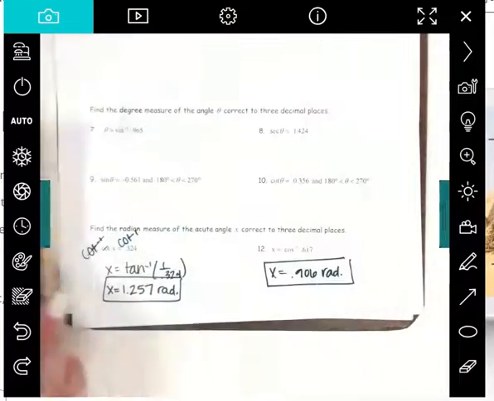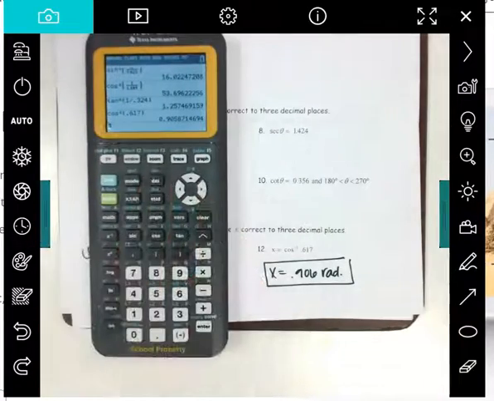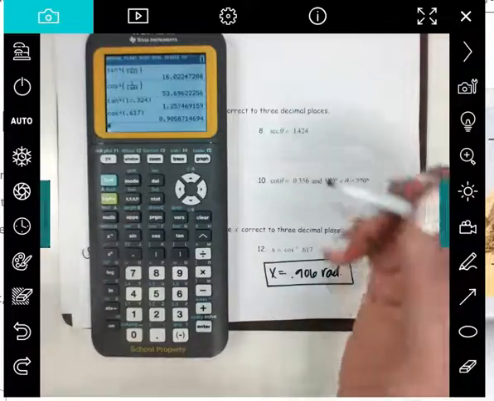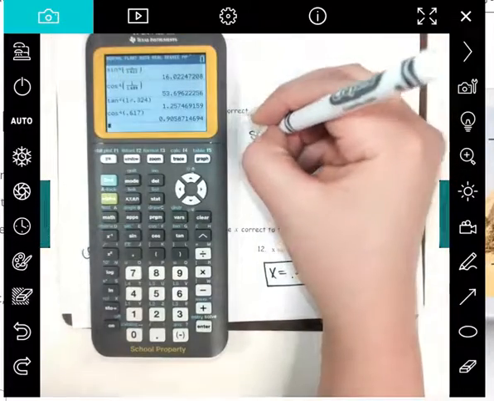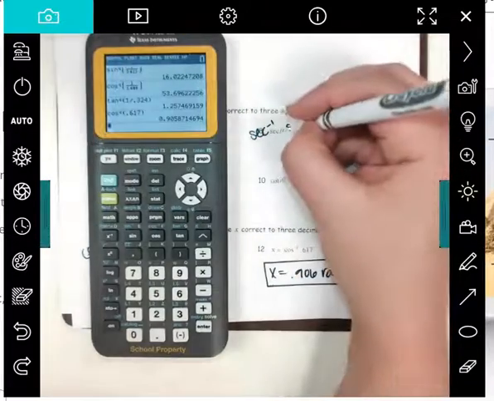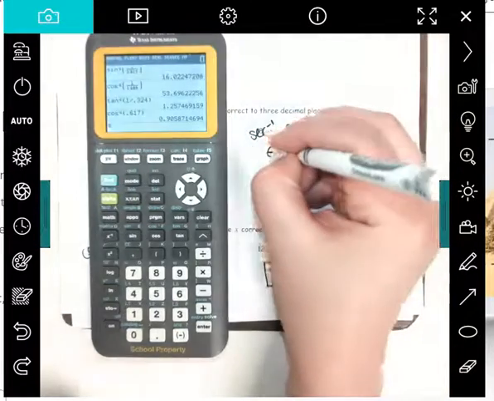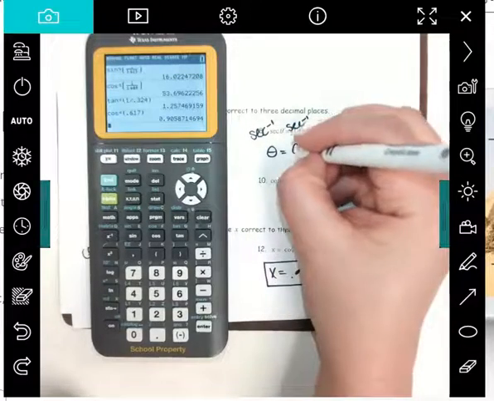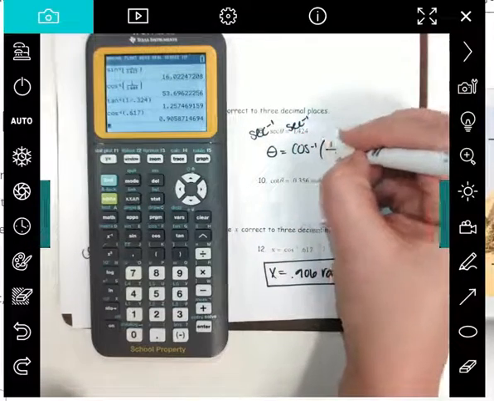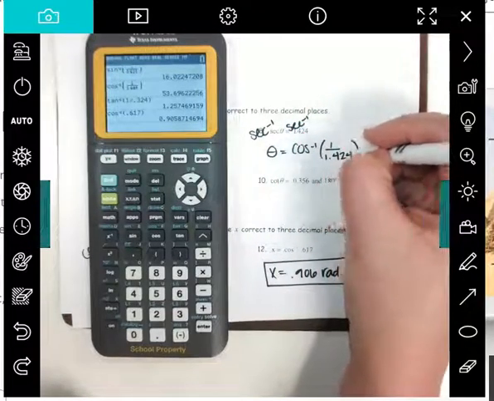Number 7, I would just type that in, so let's do 8 instead. How do I cancel out a secant? Inverse secant first, and then when I type it in, I'll switch it to a cosine. So secant and inverse secant cross out, theta equals inverse cosine of 1 over 1.424.